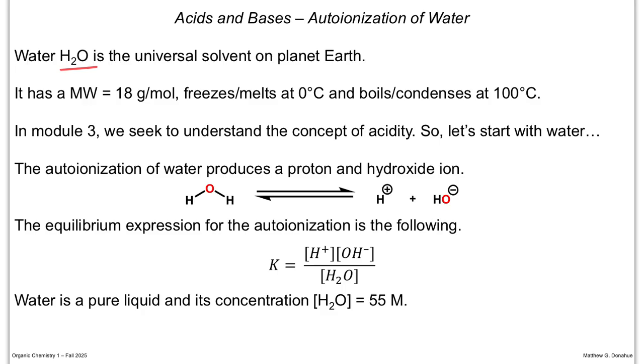And so now let's look at a reaction of water called autoionization. So auto means it kind of just happens. Ionization means that neutral H2O is forming two ions.